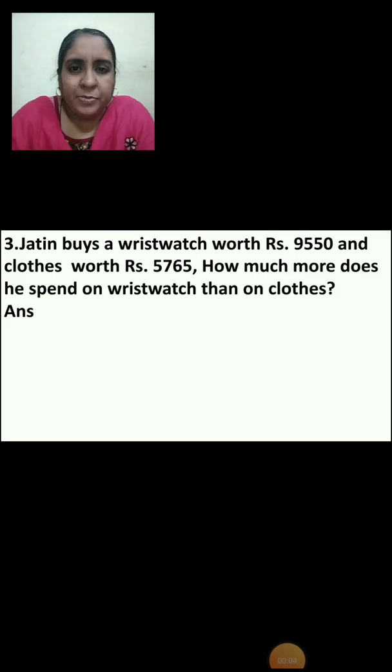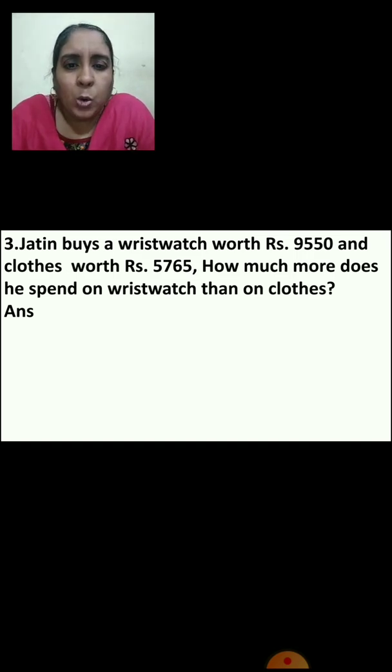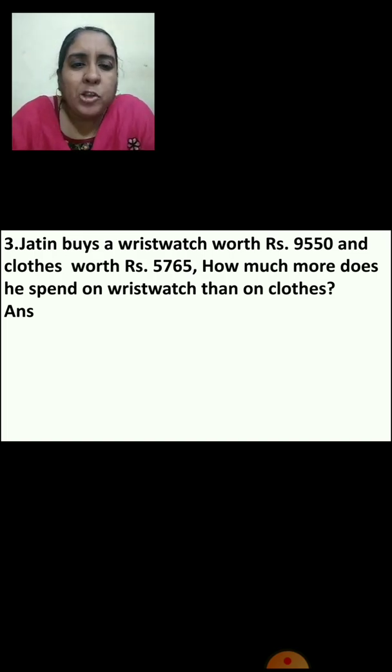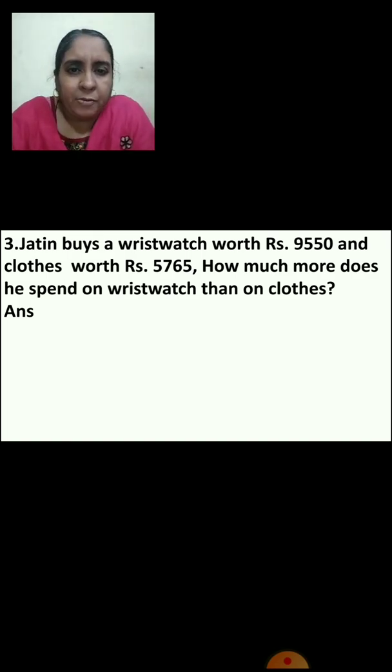Question number 3. Jatin buys a wristwatch worth rupees 9,550 and clothes worth rupees 5,765. How much more does he spend on wristwatch than on clothes? Now here the cost of wristwatch and clothes are given, right?